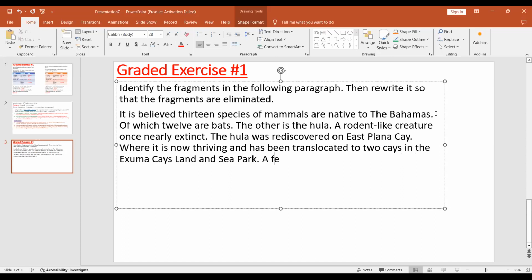A few introduced or exotic species have become pests in the Bahamas.